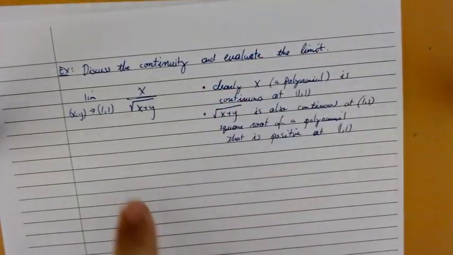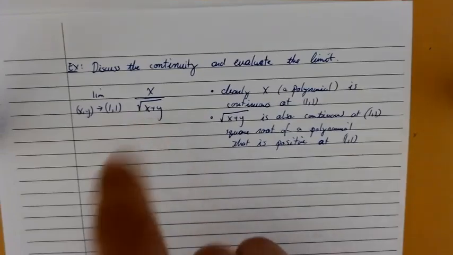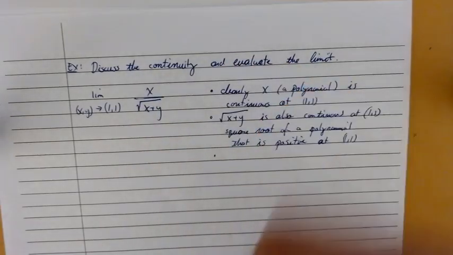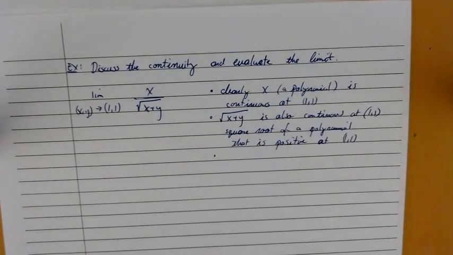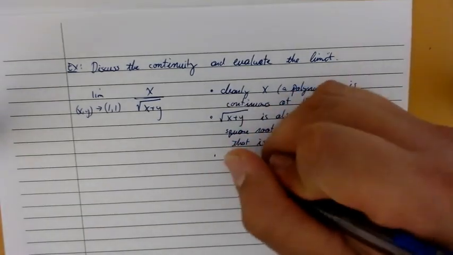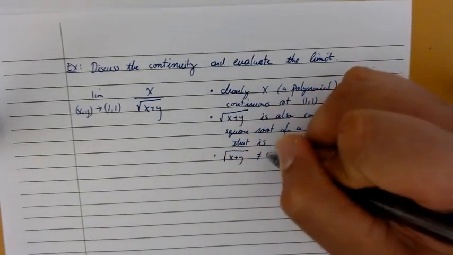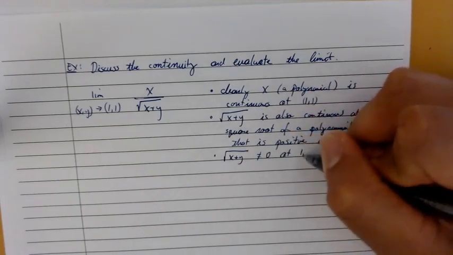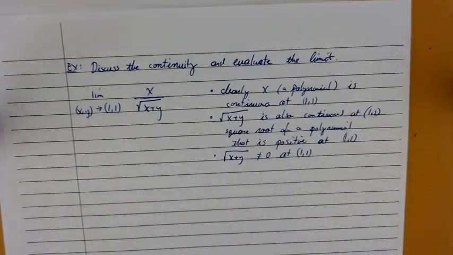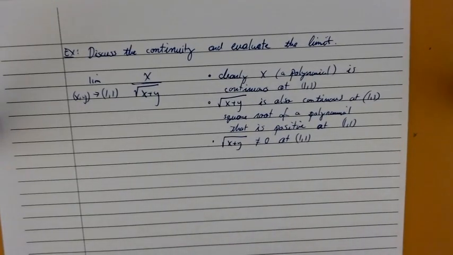So normally we don't have to check the numerator, and normally we don't have to check the two different functions that are put together. But since this is put together as a quotient, we now need to check that the denominator is not equal to 0. Oh, but here it's definitely not, at least not around (1, 1). Square root of x plus y is definitely not 0 at (1, 1). In fact, it's not 0 for a neighborhood around (1, 1).